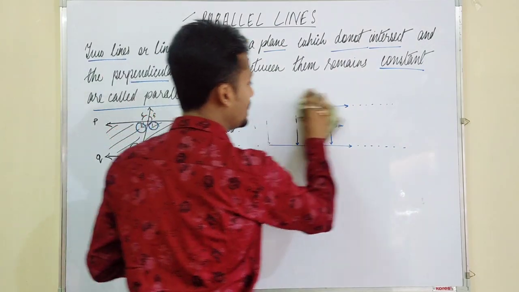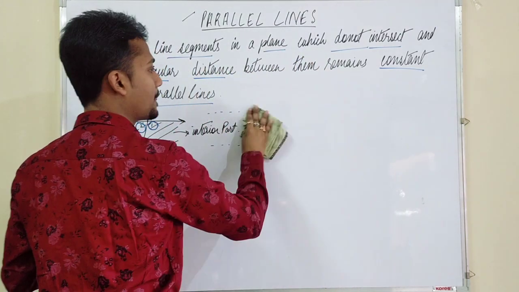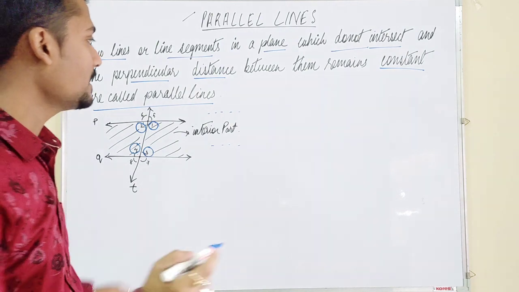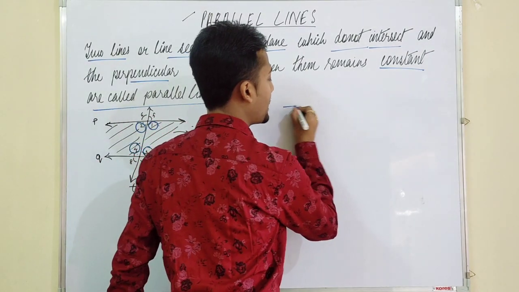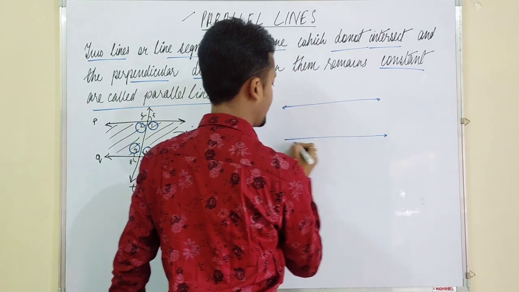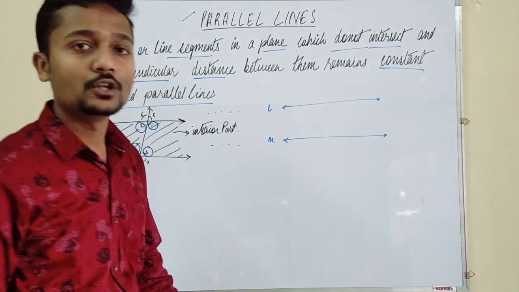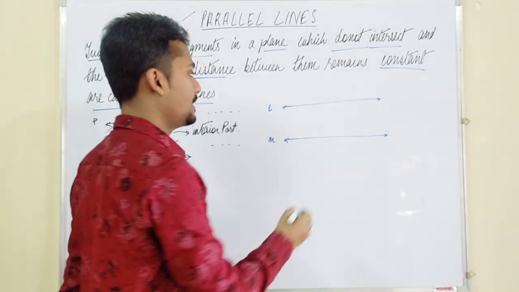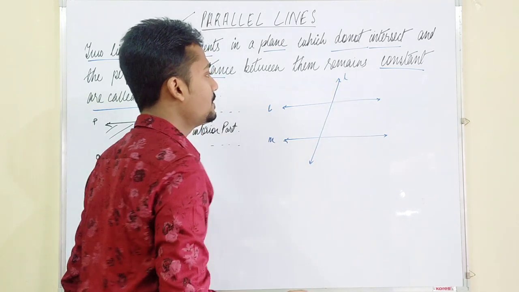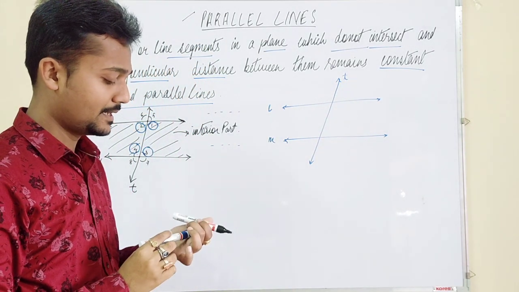Now I am rubbing this figure, and I will draw another figure. So lines L and M are parallel to each other, and T is the transversal on the parallel lines.